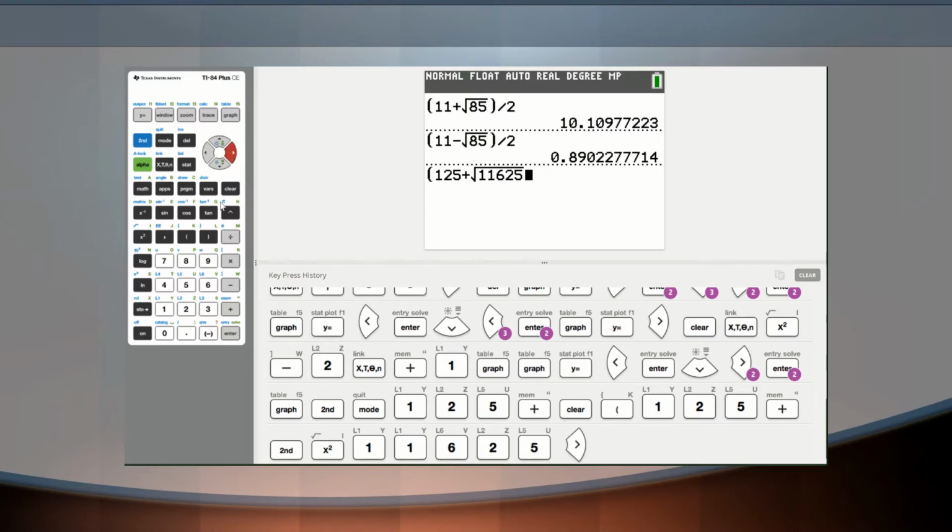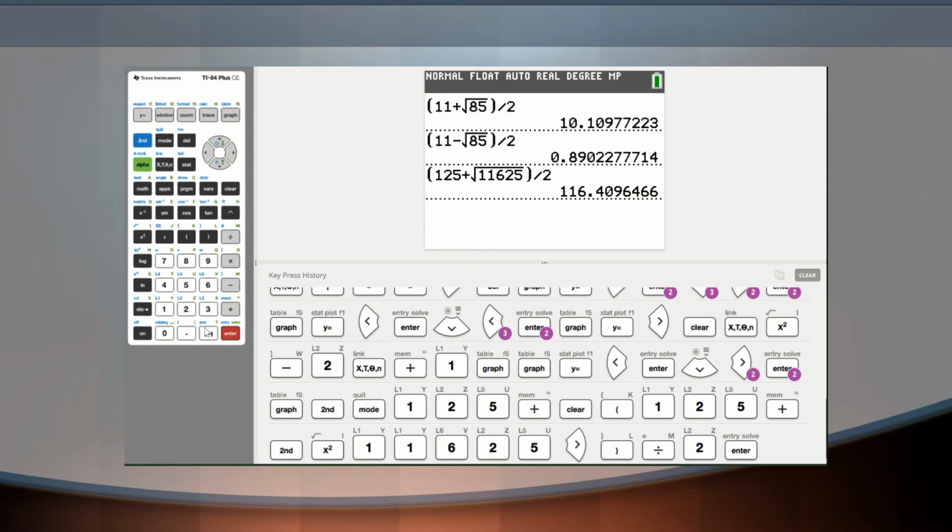Get out from underneath the radical. Close my parentheses. Then we're going to divide that by 2. Let's see what that is. 116.4. So it could be as much as 116.4.